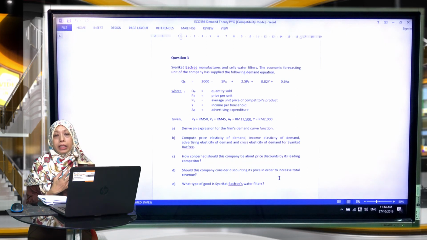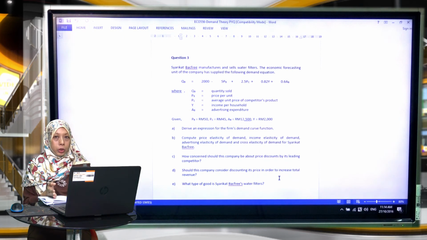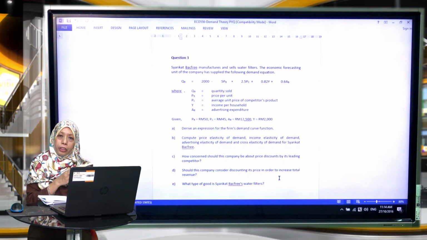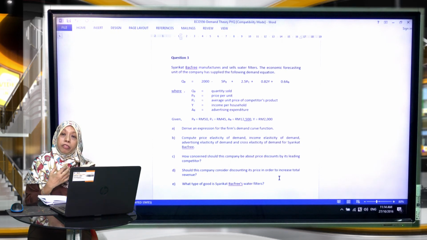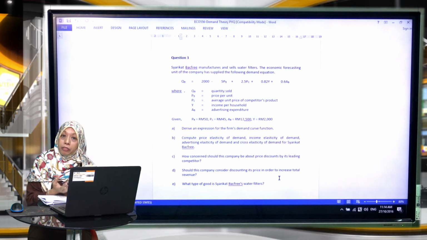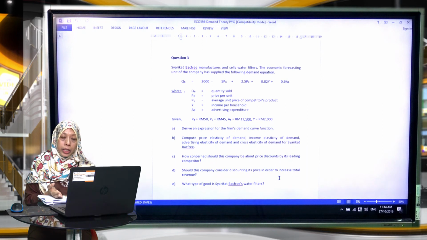In the case of income elasticity of demand, you are able to categorize your product into inferior or normal goods. And your normal goods can be further divided into necessity or luxury goods. Now, why is it important for you to categorize all these products? Remember that it will help you with forecasting future demand and also with determining the advertising strategy.